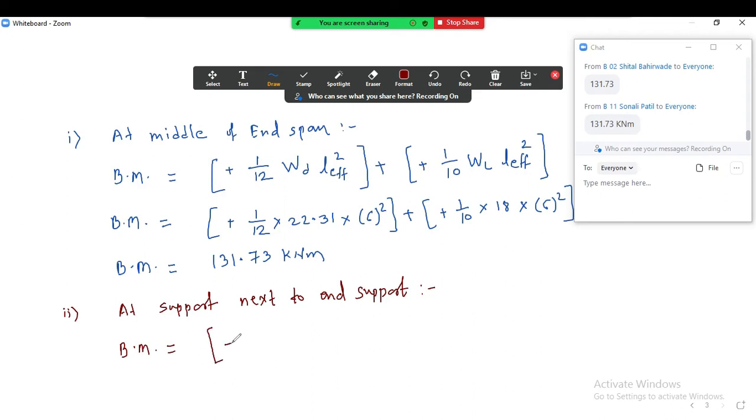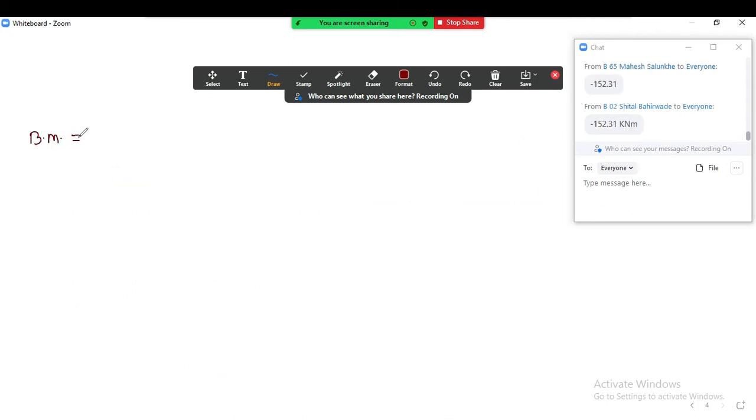So here it is minus 1 by 10 WD into L effective square, plus minus 1 by 9 into WL into L effective square. Now you know the values, just put the values, so we will get the answer. Bending moment is equal to minus 152.31 kilonewton meter.